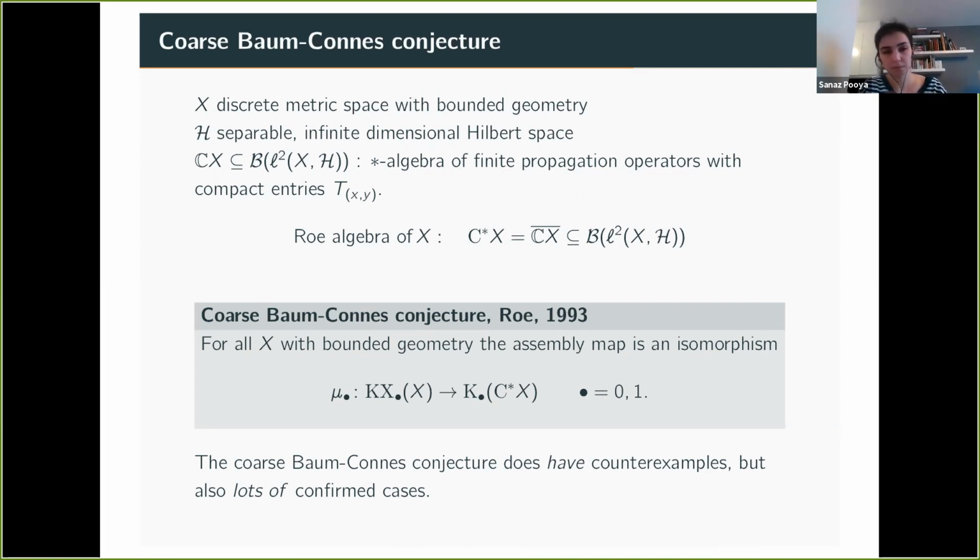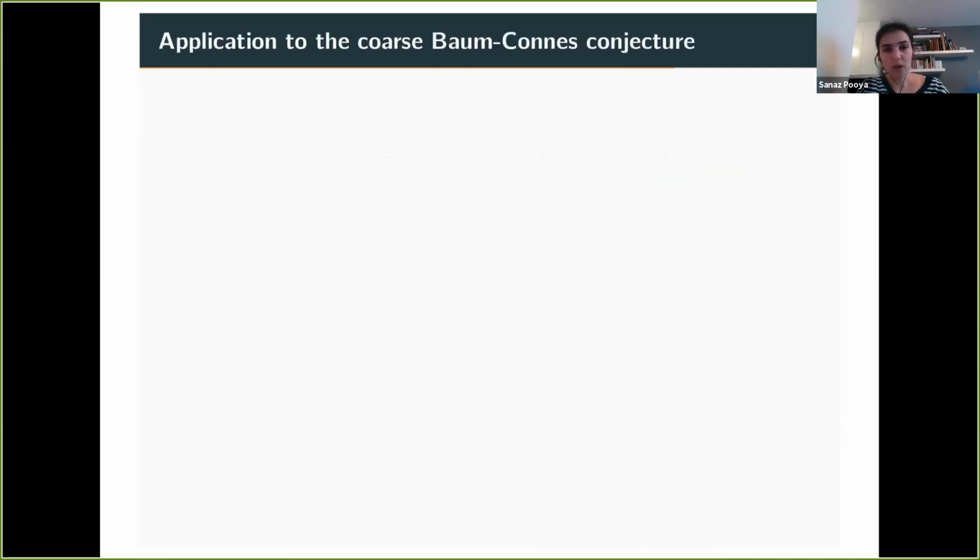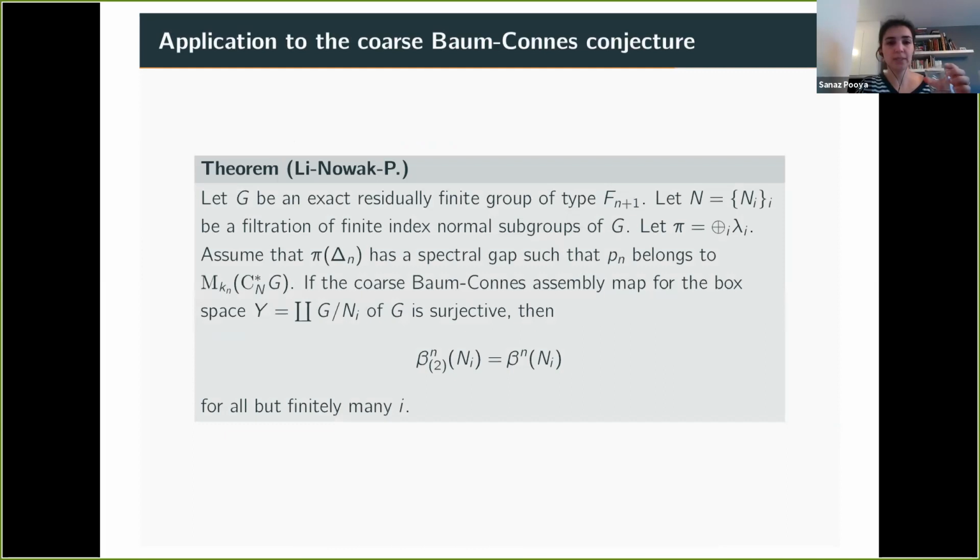Now, let's see how our Kazhdan projections actually can be applied to this setting. So here's a theorem. I think I forgot to mention that this is based on joint work with Conley and Piotr Nowak. So here our theorem goes as follows.